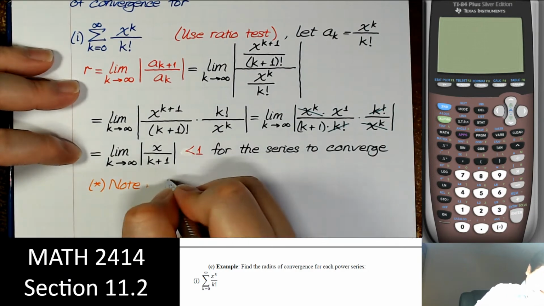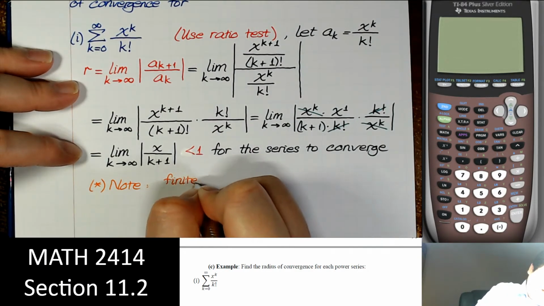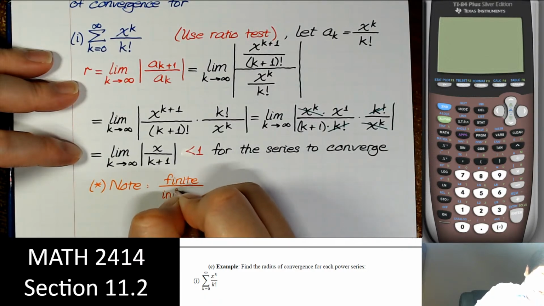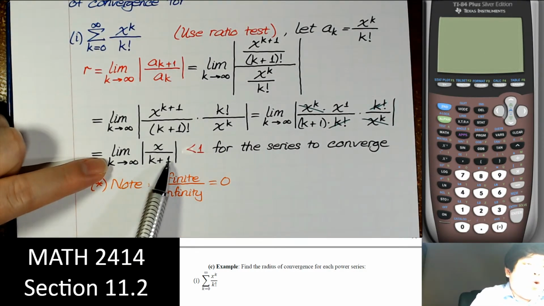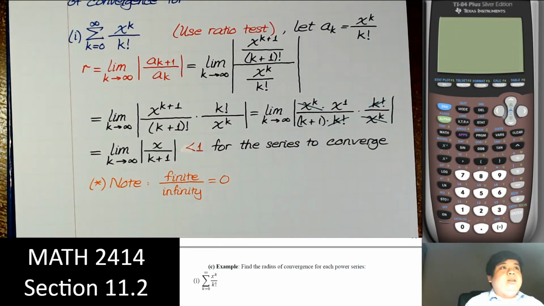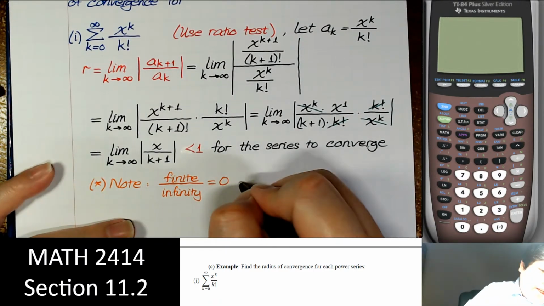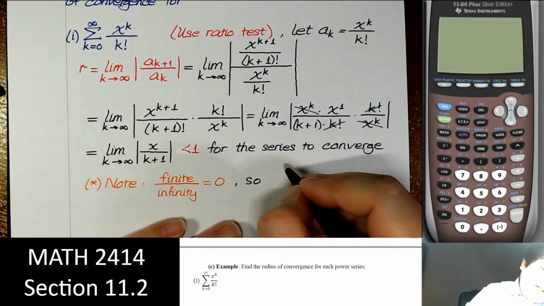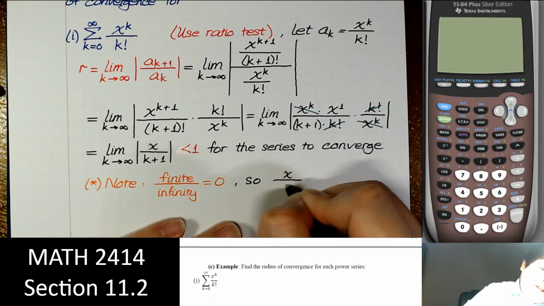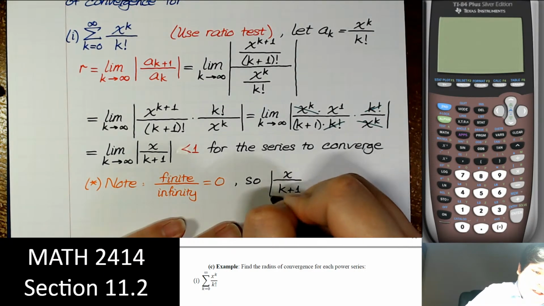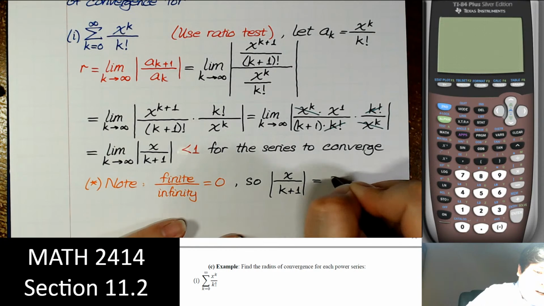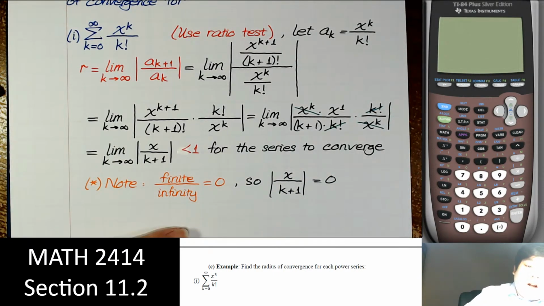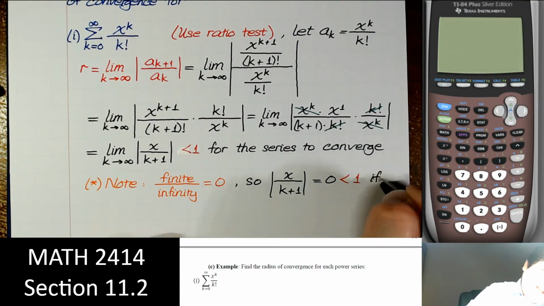Note, since we have a finite number divided by infinity, and at the bottom we do have infinity because k goes to infinity, x over k plus 1 will be equal to 0, and if it is equal to 0 it is certainly less than 1, if x is finite.